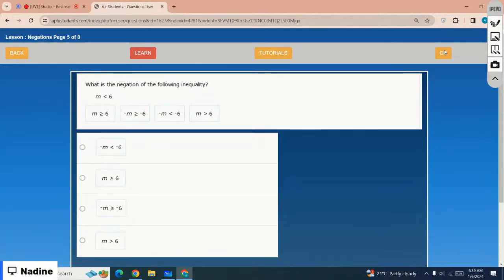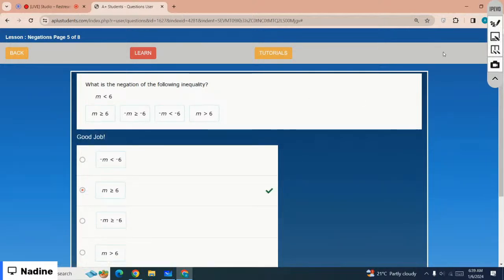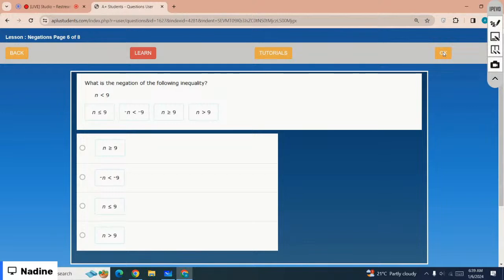What is the negation of the following inequality? m is less than 6. Yes, very good. That means m is greater than or equal to 6. n is less than 9.